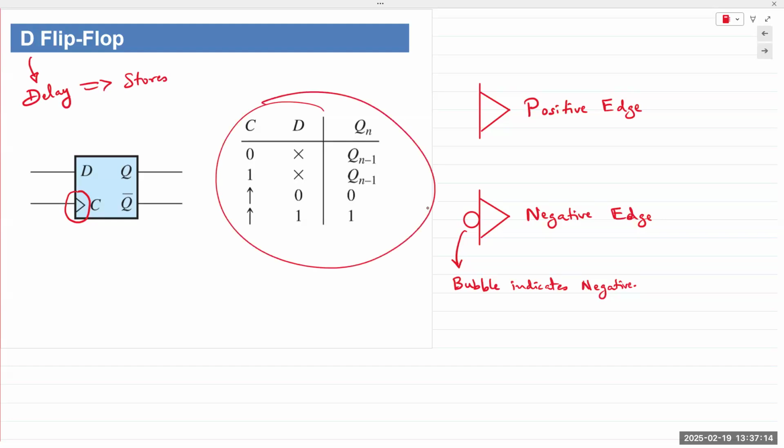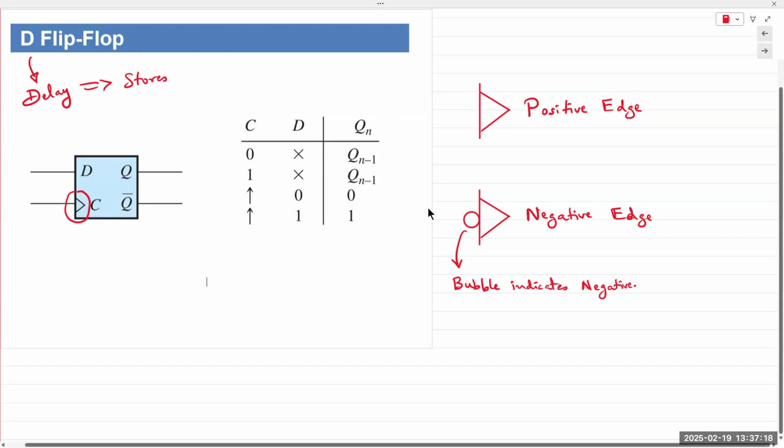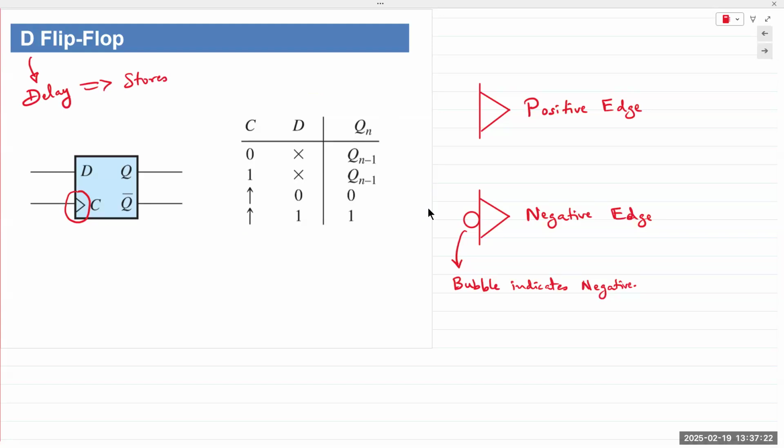The truth table is shown right here. You have the clock input and you have the D input. When the clock level is 0 or 1, the input does not matter. The output stays in the same previous state.